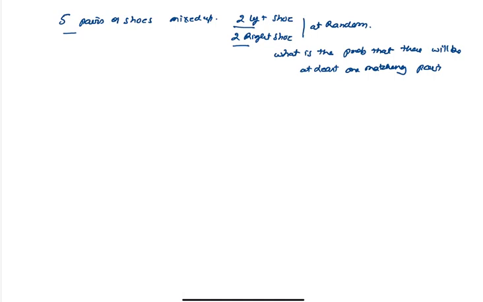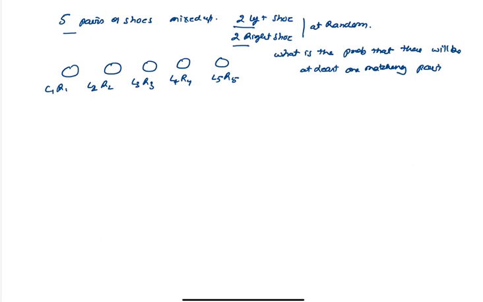So we have five pairs: 1, 2, 3, 4, 5. Left 1, right 1, left 2, right 2, left 3, right 3, left 4, right 4, left 5, right 5.